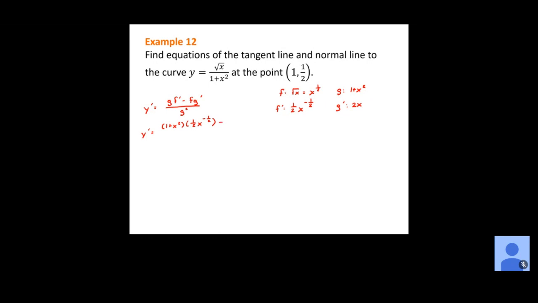Then we're subtracting. We take our f function, I'm just going to use x to the 1/2 here, just until we finish simplifying everything, times g prime, which is 2x. All over the g function squared, which is 1 plus x squared, all squared.